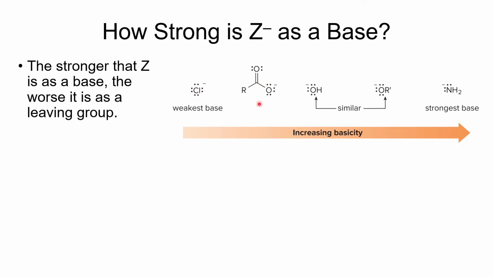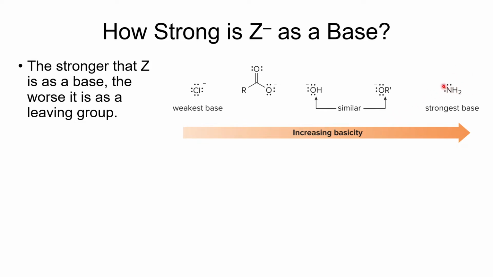The carboxylates are a little worse, but still pretty good leaving groups. We're going to find hydroxides and alkoxides are not great leaving groups, but for purposes of nucleophilic acyl substitution, they may be just fine as leaving groups. And then our worst leaving group is the NH2 minus and the related compounds to that.